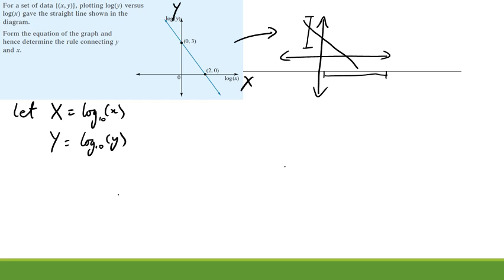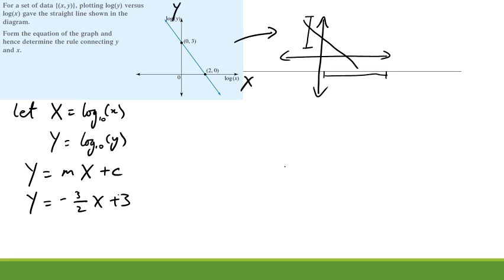If we do that, then this is essentially just an X and a Y, and we have a straight line. So let's find our gradient and intercept. Y equals mx plus c. Our gradient, as you can see, will be negative, rise over run, so negative 3 over 2, X, and then our y-intercept is at 3.